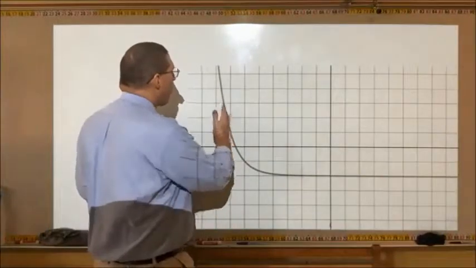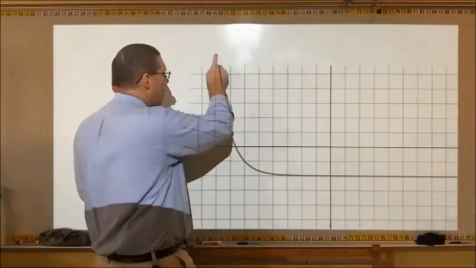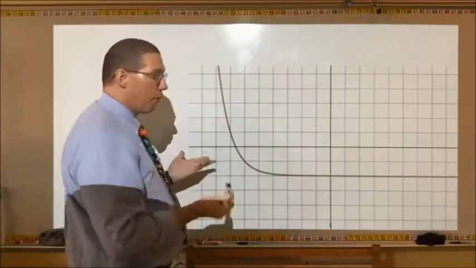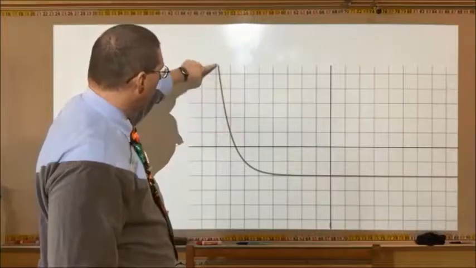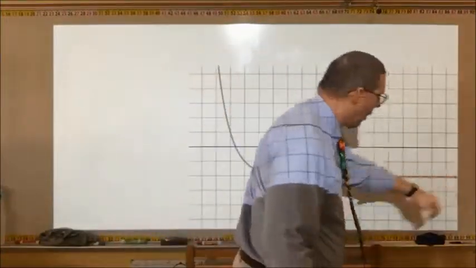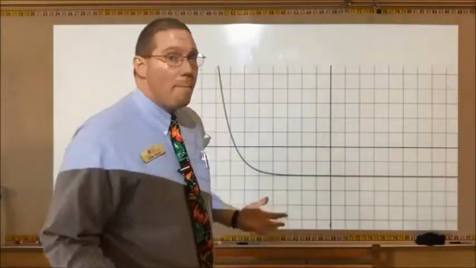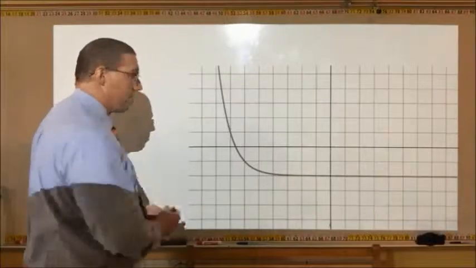If it goes vertically flat, meaning vertically steep, like it's drawing a straight line up, then it's a vertical asymptote. Now you'll notice this one is not going too terribly vertical, but it is going very horizontal. It's practically a straight line in the horizontal direction. That means that this graph has a horizontal asymptote.